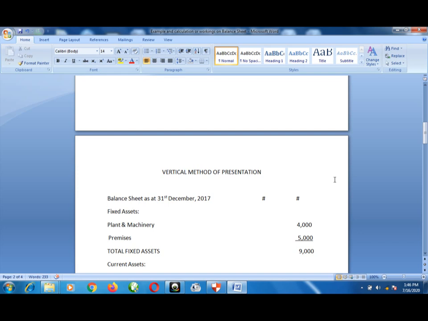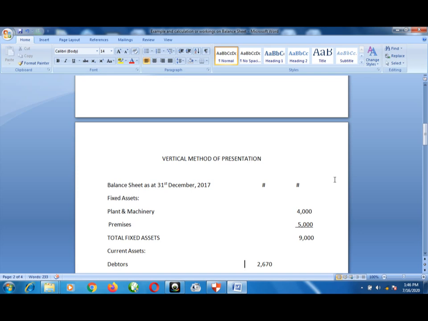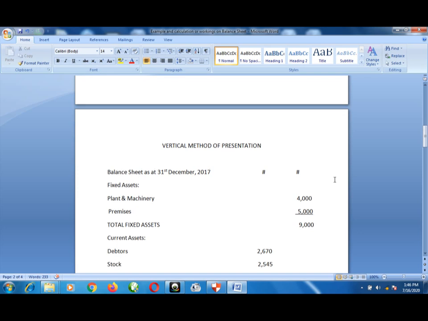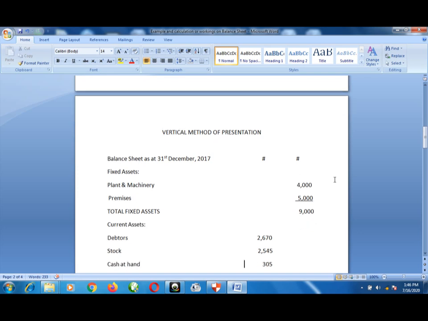That's fixed assets. And these fixed assets are plant and machinery, which is 4,000 naira, and premises, which is 5,000 naira. Total of fixed assets is 9,000 naira.